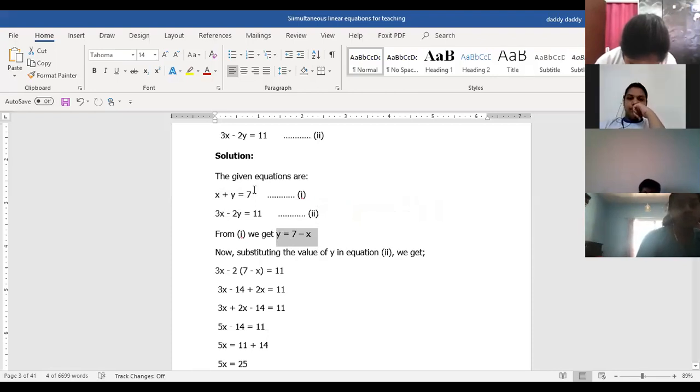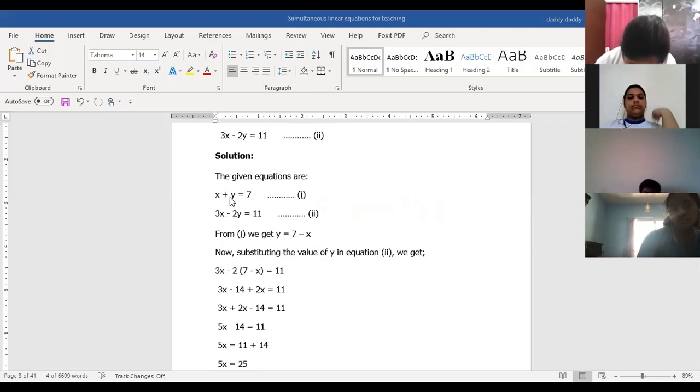But I see my first equation is a simple one. So always we take the simple one, select a variable of our choice, and try to get the value of that variable from the simple equation. Out of the two equations given to me, I will select the simple one.